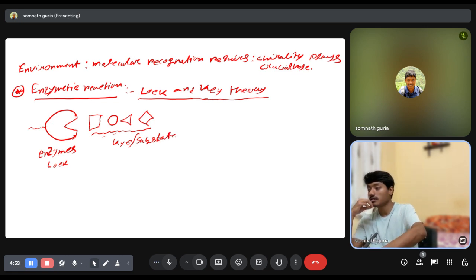The enzyme has a specific pocket over here.